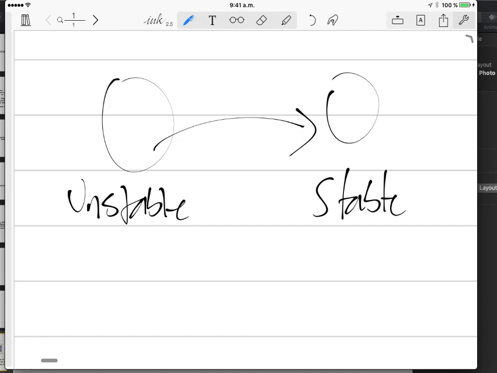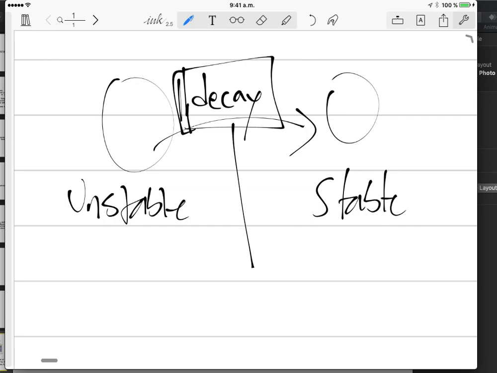In this process, there is a time in which the isotope decays to jump from an unstable to the stable state.